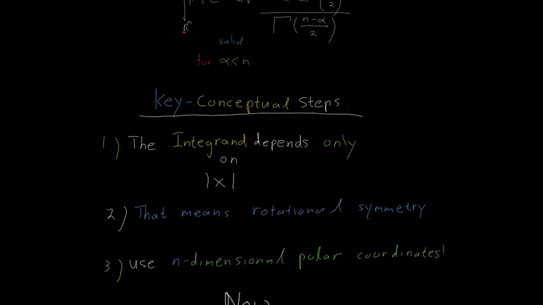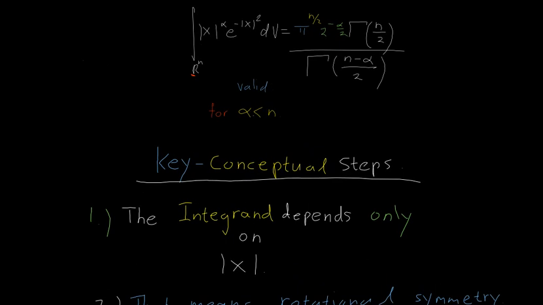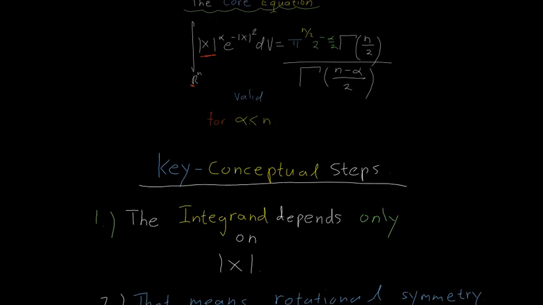So key conceptual steps. Number one of the key conceptual steps is that the integrand depends only on the absolute value of x, as you can see inside of our integral. If you look here, this is what tells us, and I'm going slowly to make sure you understand, that we have to deal with radial symmetry, or rotational symmetry, quite often called.